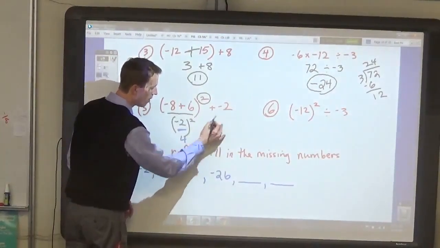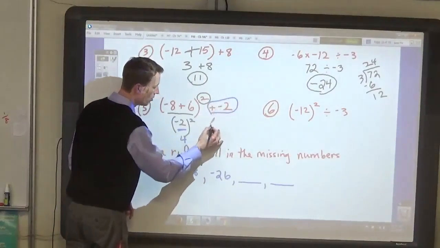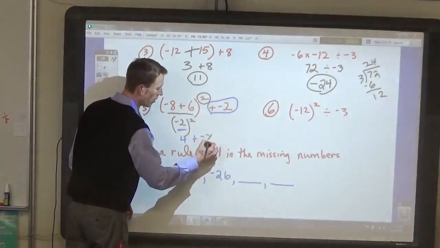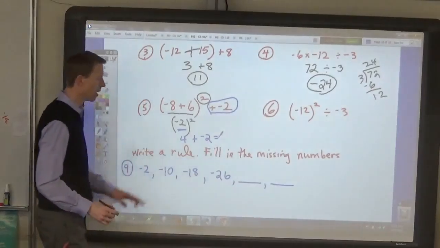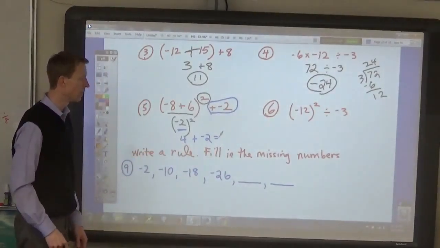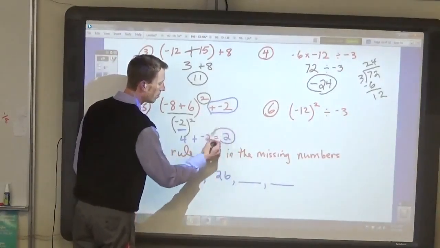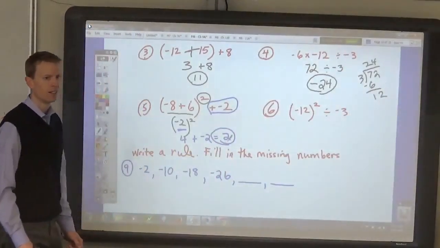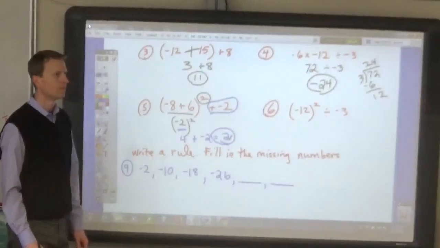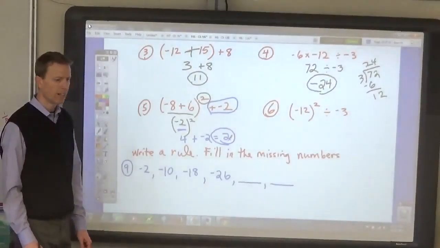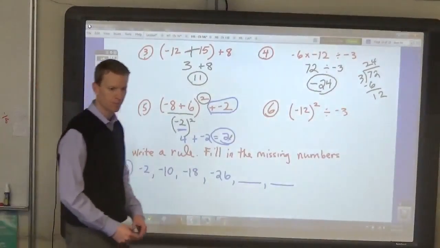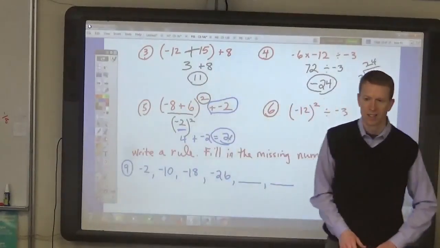And then bring down the plus and 2. Oh, sorry, plus negative 2. And I'm running out of room here, so I'm going to write the equal sign. And that's 2, isn't it?